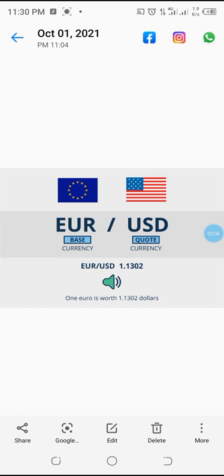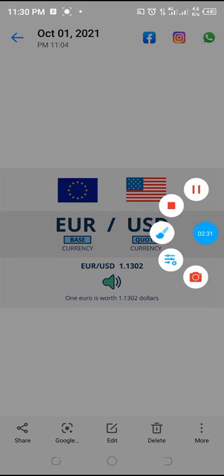Okay, now guys, look at this. I'm still trying to explain the concept of Forex trading. This is the euro, the currency used in the countries using the Euro in Europe, and this is the USD, the US dollar, the currency used in the United States.